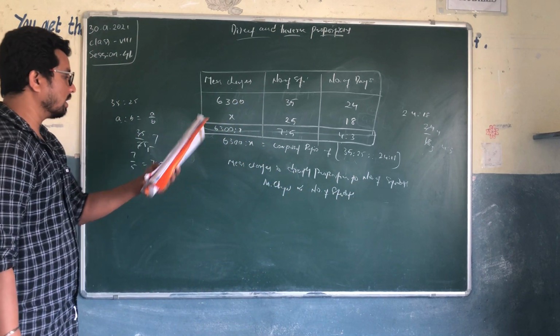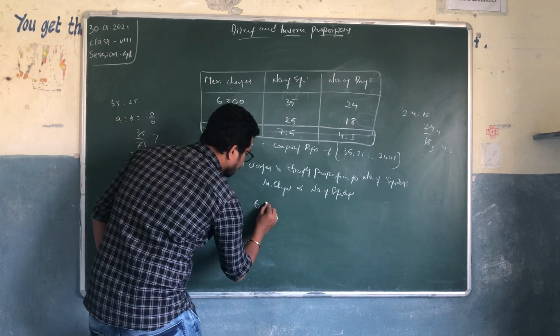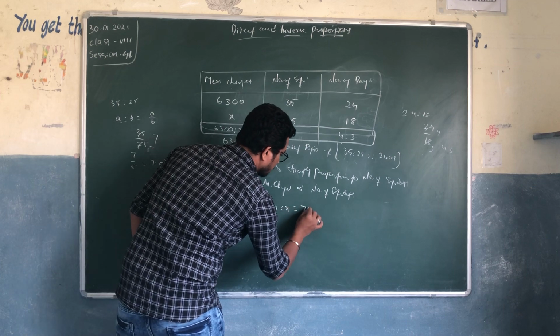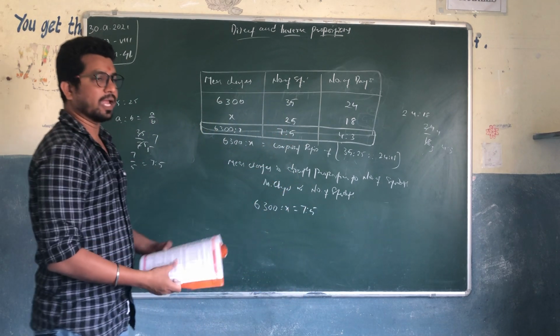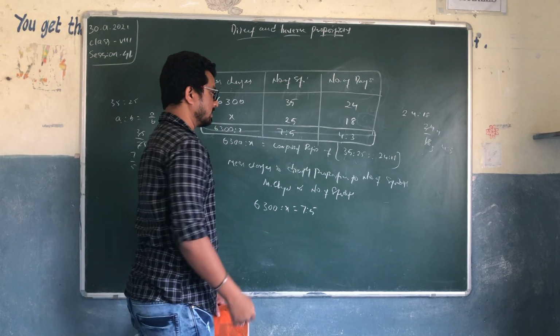Okay, got it, right? Now this can be written as, as we say, directly proportional, 6300 is to x is equal to 7 is to 5. Okay, so this is about mess charges to number of students.